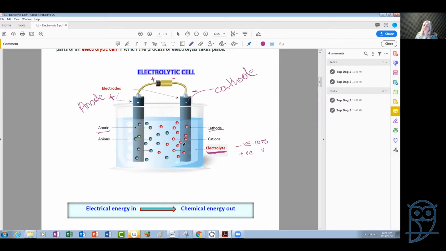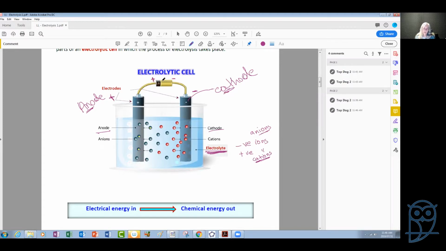Another name for negative ions is anions, because they move towards the anode. And the positive ions are also called cations, because they move towards the cathode. So cations are from the cathode and anions from the anode. This is the principle of what happens in an electrolytic cell.